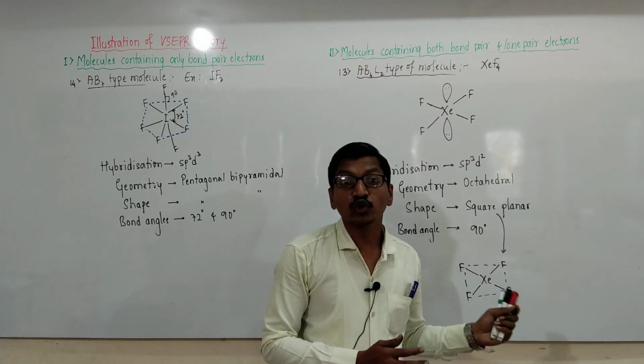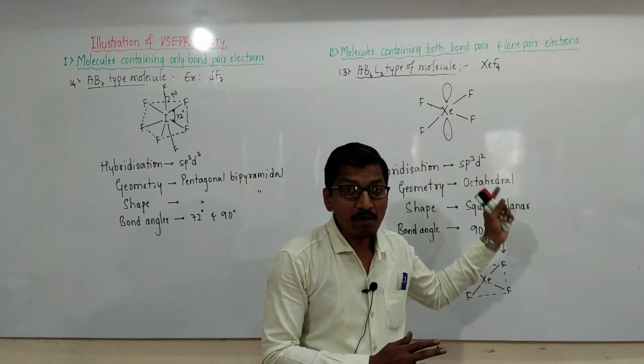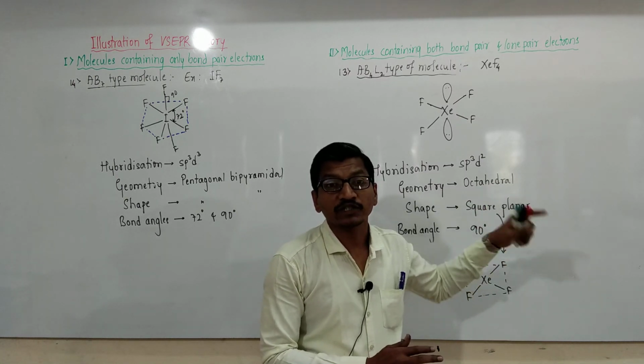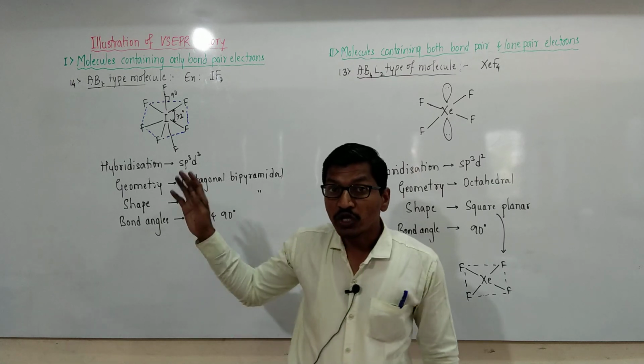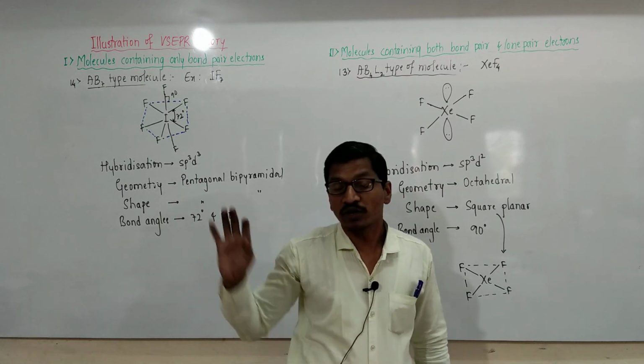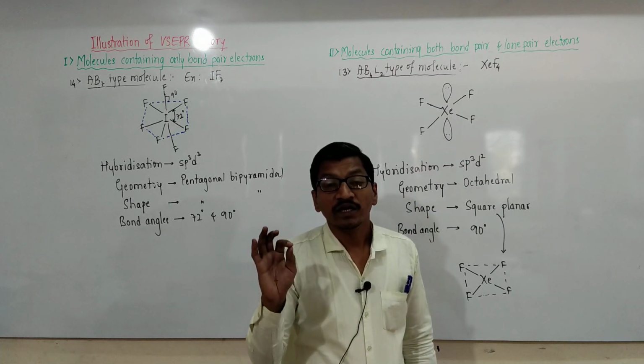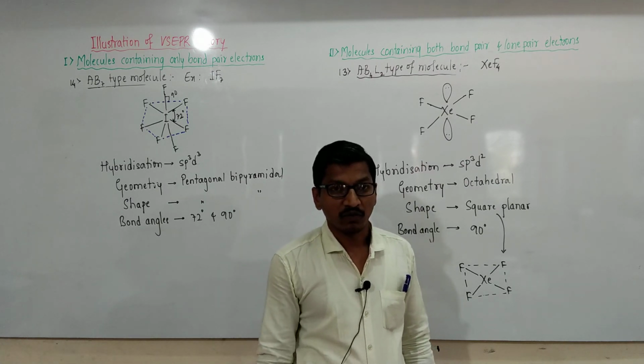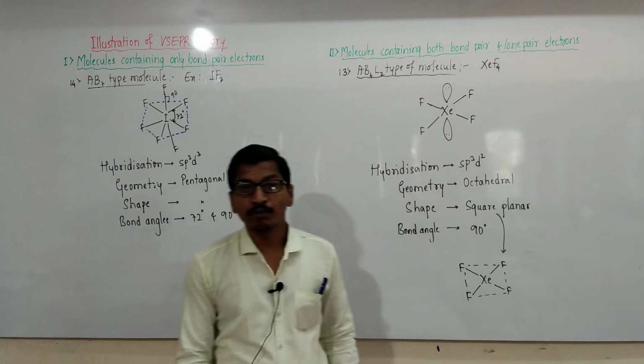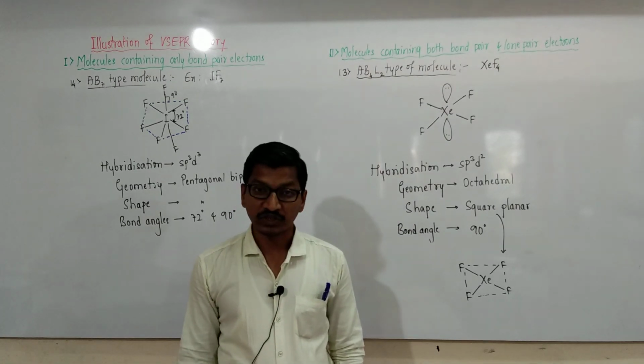Geometry and shape are different in the molecules containing bond pairs as well as lone pairs, but in molecules containing only bond pairs, geometry as well as shape are the same, and it has a regular geometry. Okay, this completes the valence shell electron pair repulsion theory.